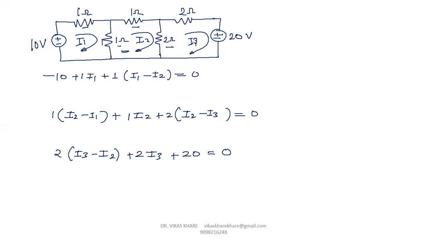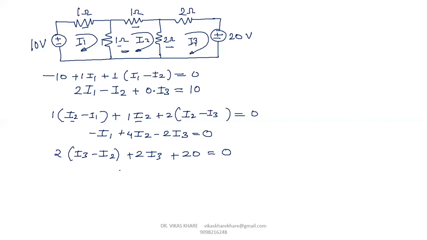Now simplify the equations. In equation 1, 1I1 plus 1I1 is 2I1, minus I2. I3 is missing in this equation, so we consider 0 into I3, equals 10. In loop 2, minus I1 plus 1I2, 1I2, 2I2, is 4I2, and minus 2I3 equals 0.